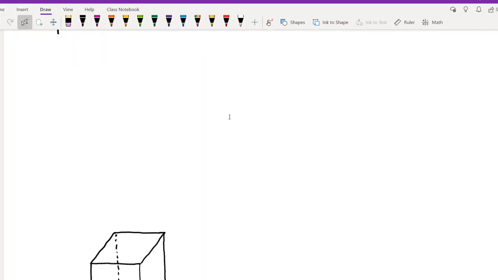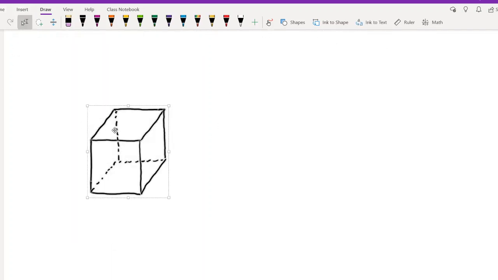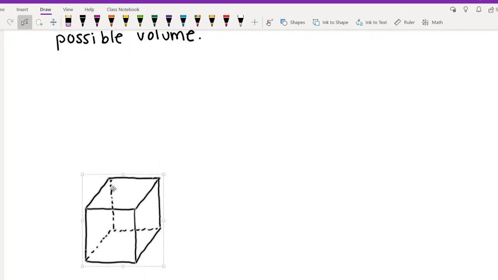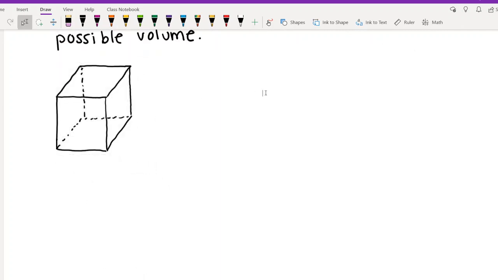So I already did a rough sketch of what this could look like because I didn't want to do it while the camera was rolling. So we have a square box, so maybe it doesn't look quite like that, but the base is square, the height may not be.